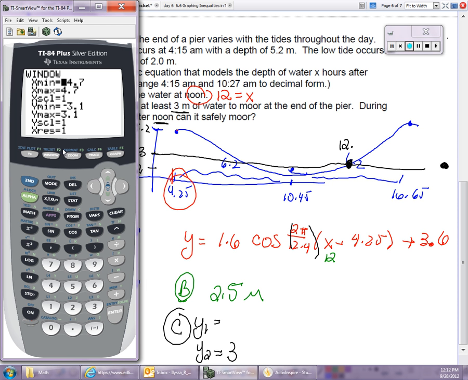Don't use any of the zoom settings. So my x minimum is midnight at 0. My x max is, I'm going to say midnight the next day at 24 hours. My y minimum is 0, and my y max, I'm going to make 6 since 5.2 is how high the water goes. I'm going to make sure I'm in radian mode, and I'm going to press graph.